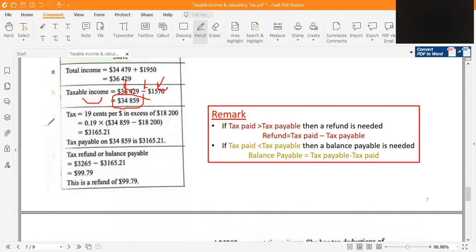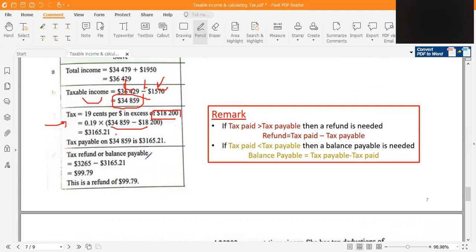We found that the taxable income is in the second row. So we obtain 19 cents per dollar in excess of 18,200. We subtract 18,200 from the taxable income, and we multiply the result by $0.19 to obtain the tax payable.